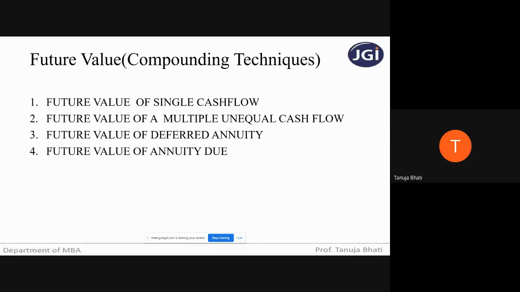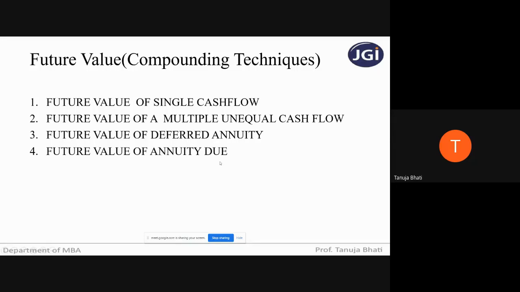Then how to calculate the future value of annuity due? So students, just remember, in calculating the future value, these are all the possibilities that can be asked in your exam. Either they can ask you how to calculate future value of a single cash flow, of multiple unequal cash flows, of deferred annuity, or of annuity due.